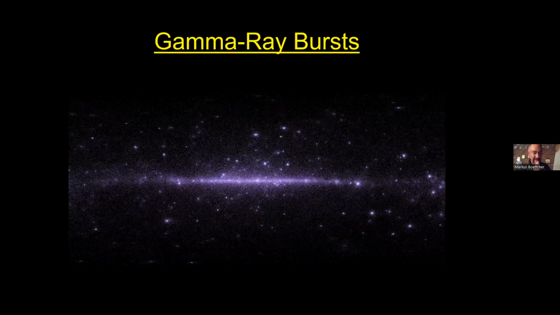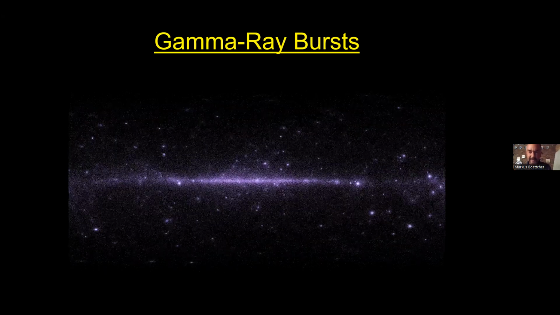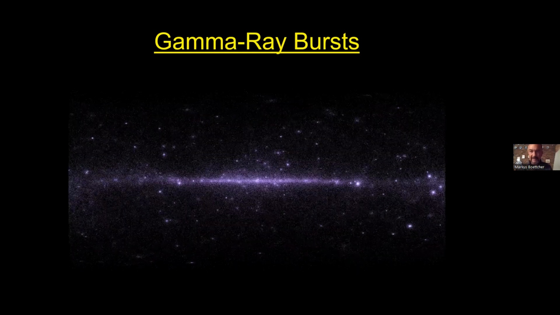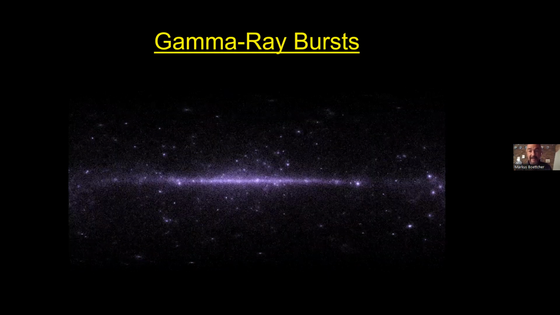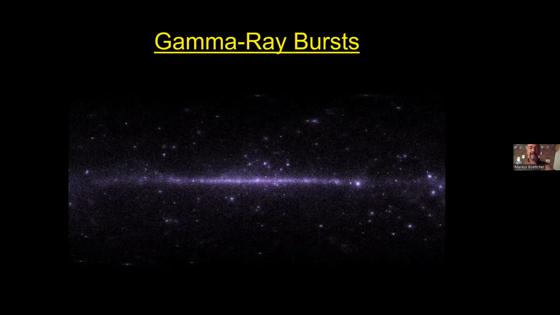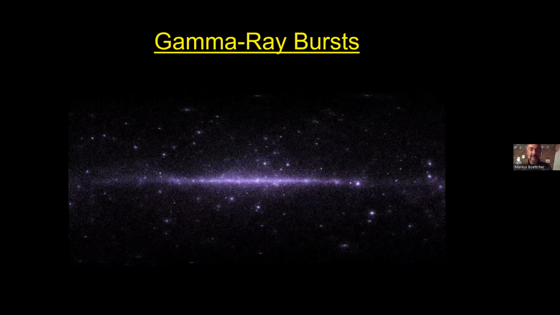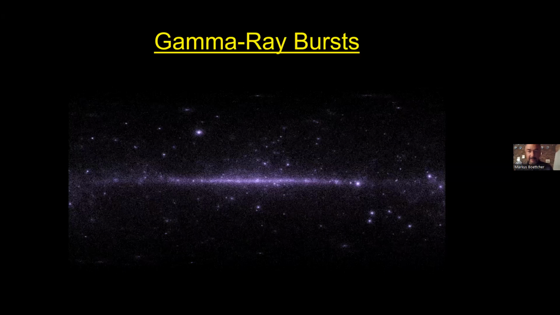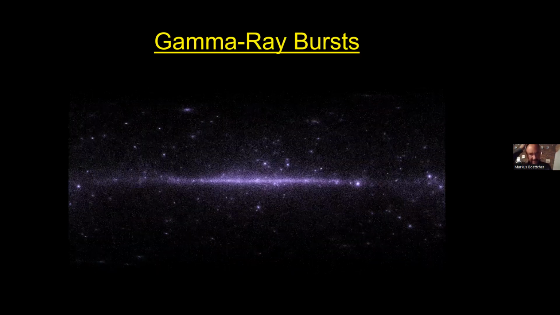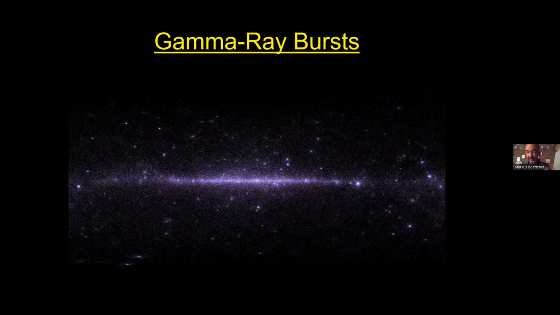They were in fact detected in gamma rays first, and it took almost 30 years from the first gamma ray burst detections in the late 1960s until these were also seen to emit over longer time scales at longer wavelengths, in X-rays and then later also in optical and radio. So it really took from the late 1960s up to 1997 until the first counterparts in other wavelengths were seen.